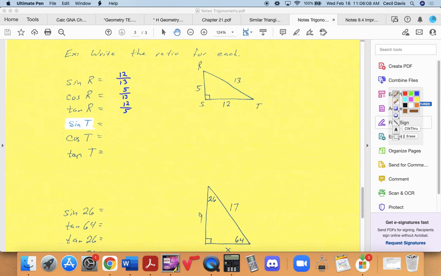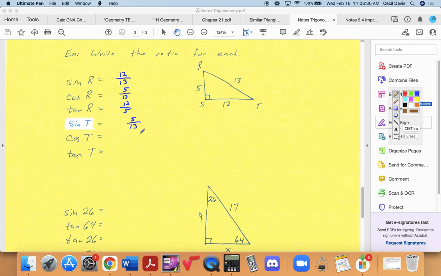And then we're going to do the same thing with angle T. The sine of angle T, sine is what over what? Opposite over hypotenuse. From T, what leg is opposite? 5, over the hypotenuse, 13. The cosine of T, this time I want the adjacent leg over the hypotenuse.